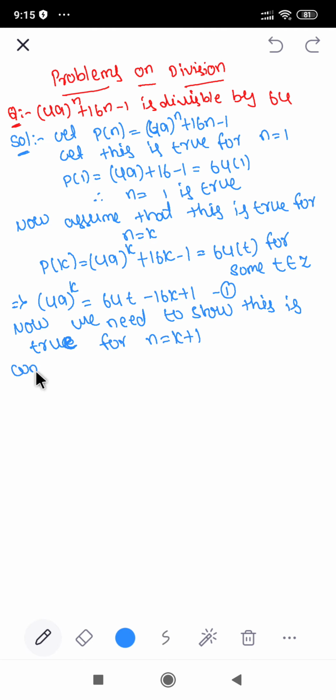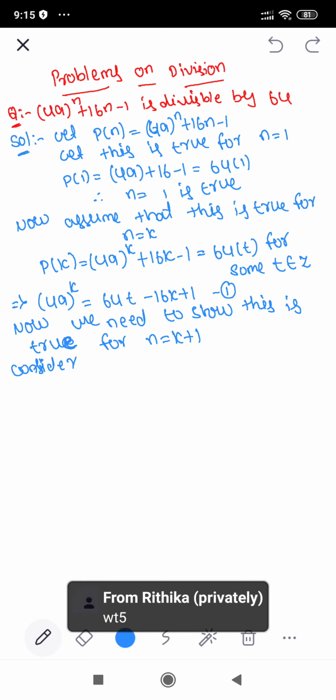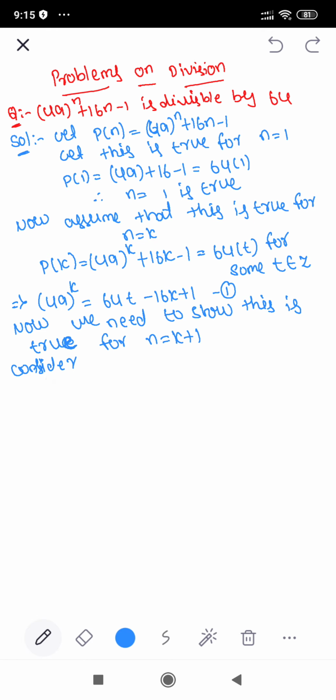Consider now, here we need to go for the k plus 1th term. Direct condition we are taking here, nothing is to be added. In previous problems only adding was there, but here nothing is to be added. So 49 to the power k plus 1.